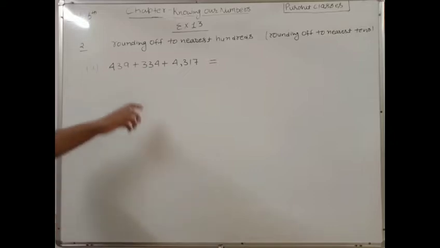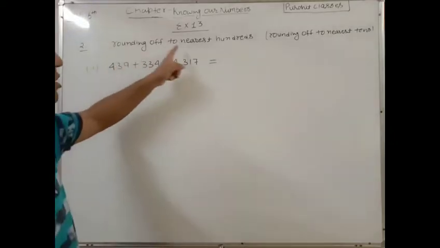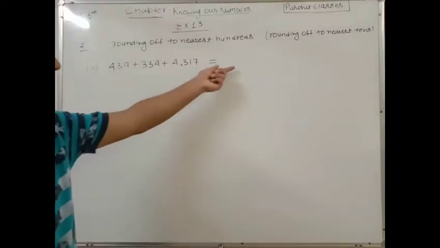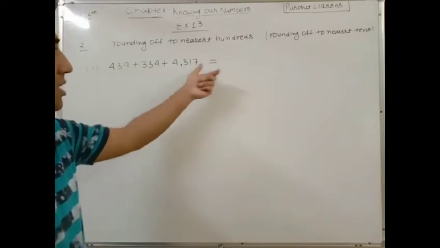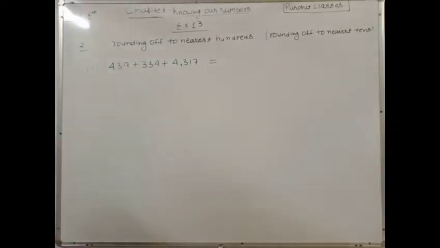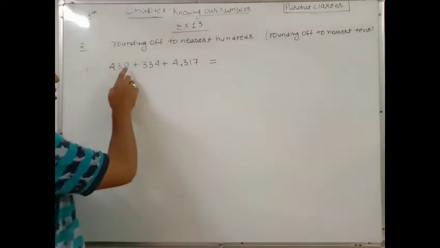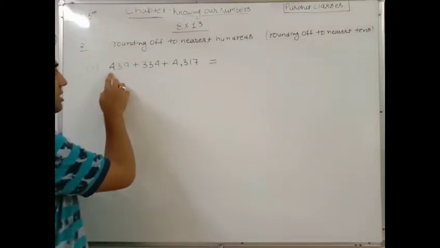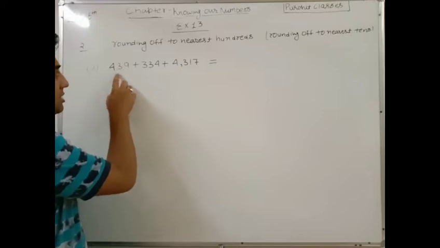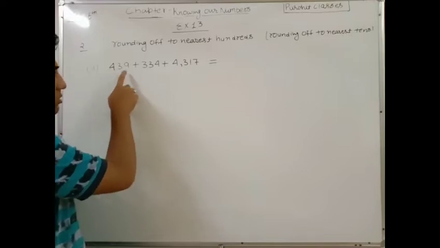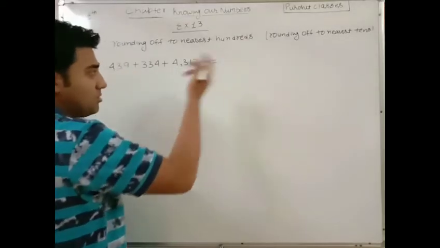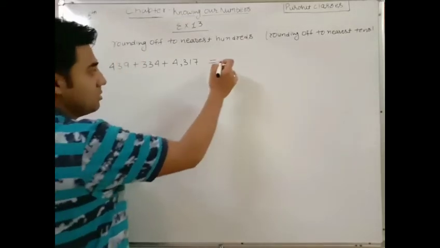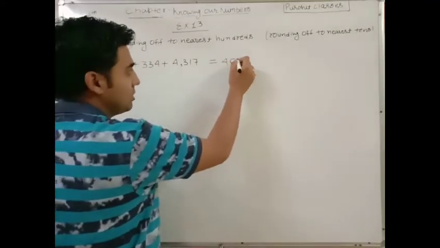Because now I am going to show that in the first part it is written rounding off to nearest hundreds. So first I am going to round off all the numbers up to the hundreds place. Ones, tens, hundreds. This is the hundreds place, so the remaining digits should be dropped down. In the previous class we understood the rule, so now I think we can write it directly. This will be 400.